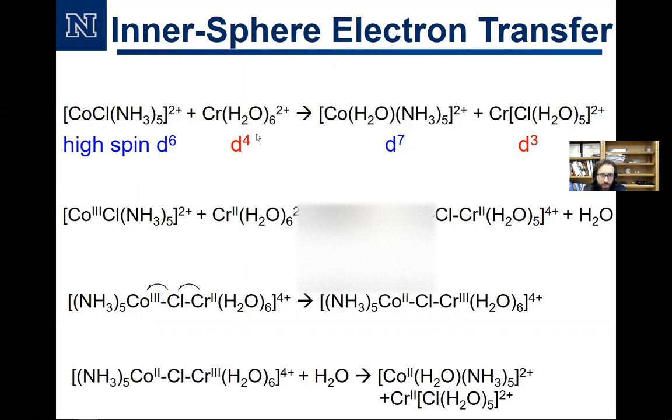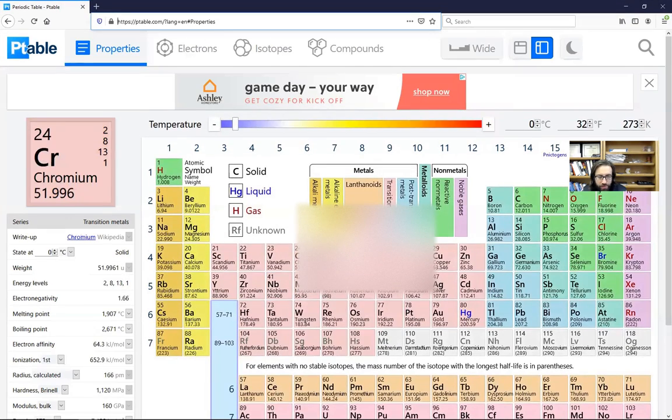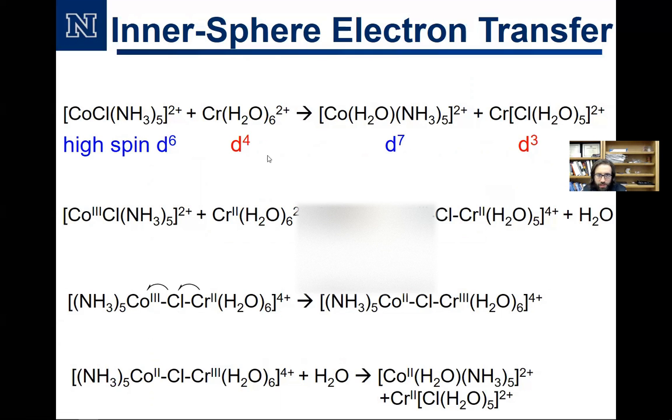This is a d4 complex, chromium. If we look at our periodic table, chromium is in the 6th column, so if we have a 2+ chromium, that is going to be d4. And cobalt in the 2+ is going to be d7, and chromium in the 3+ is going to be d3.